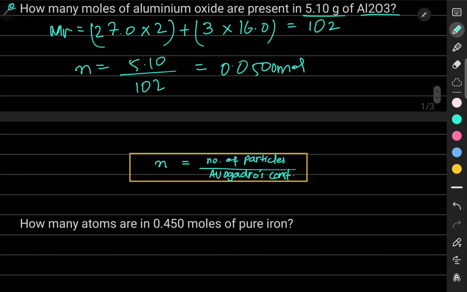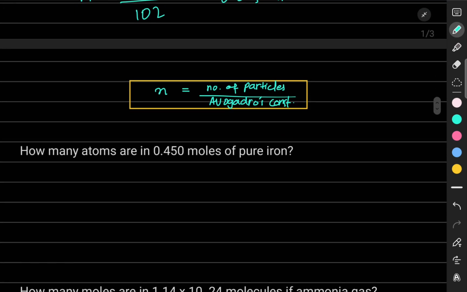Okay. Then we move on to the next equation involving number of moles, which is usually written as number of particles. I've already rearranged it for you guys. So number of particles is equal to number of moles times Avogadro's constant.